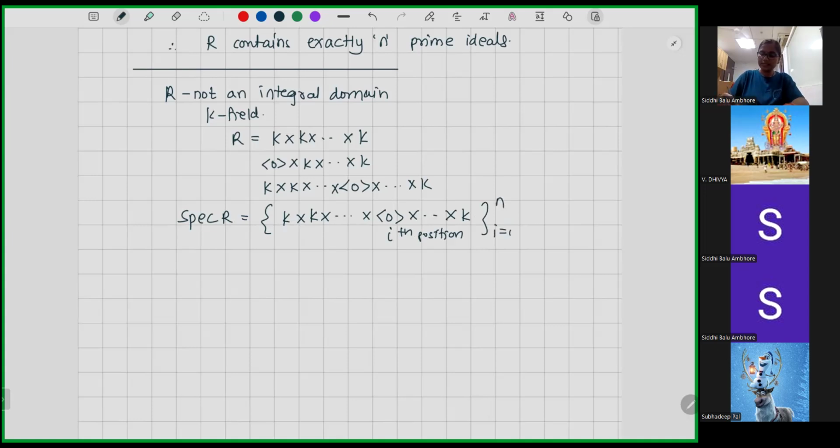And this has exactly n prime ideals. You can check this.